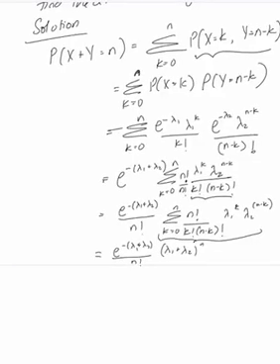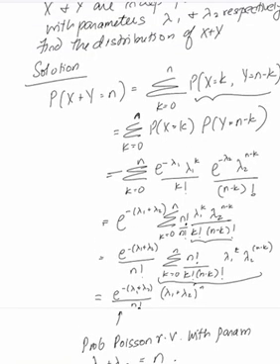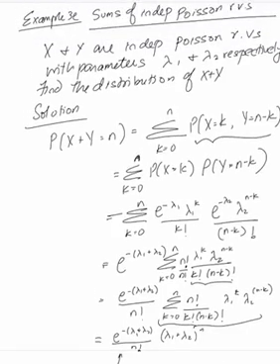This you know. This is exactly the probability that a Poisson random variable with parameter lambda 1 plus lambda 2 equals n. So that's what you have. If you have independent Poissons, add them up, you still have a Poisson random variable.